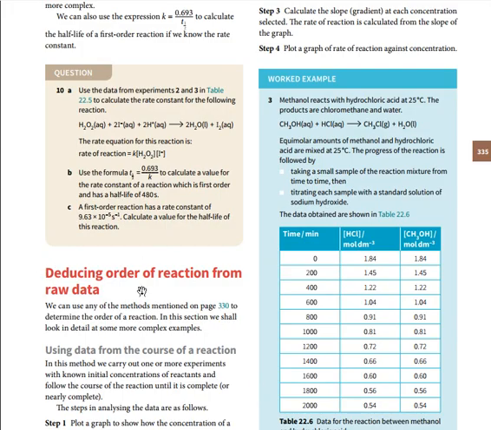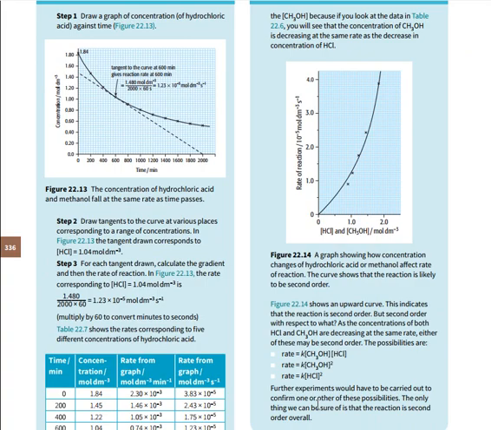So now, deducing the order of reaction from raw data, here you are going to use data. Let's say you have data for hydrochloric acid, and you have data for this. So let's say that this and this are going to affect the rate of the reaction. So you are going to use the partial orders. In order to find the partial order, you can use the initial rate of each of these reactions, and then you have their corresponding rate.